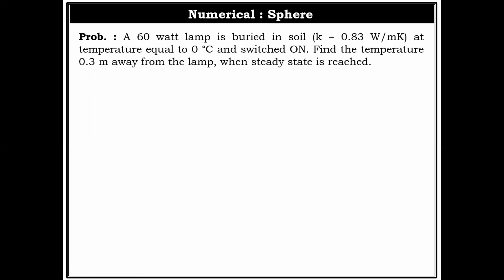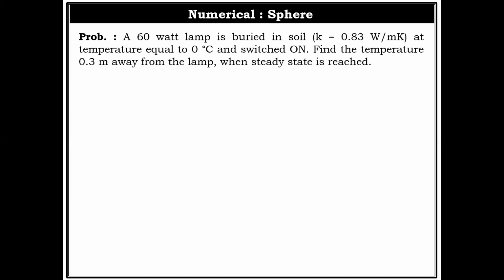So the lamp is inside that soil, which is initially at 0 degree centigrade, and then the lamp is switched on. Find the temperature 0.3 meter away from the lamp when steady state is reached.